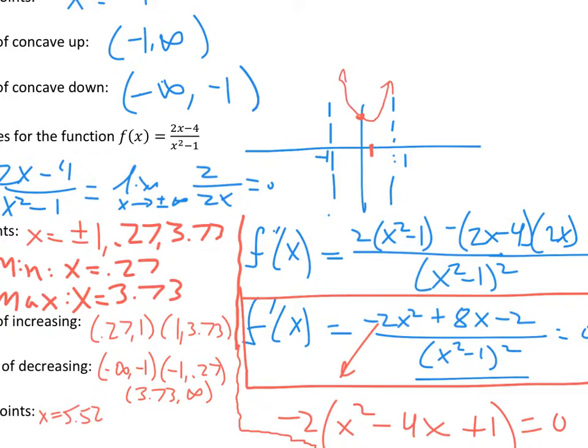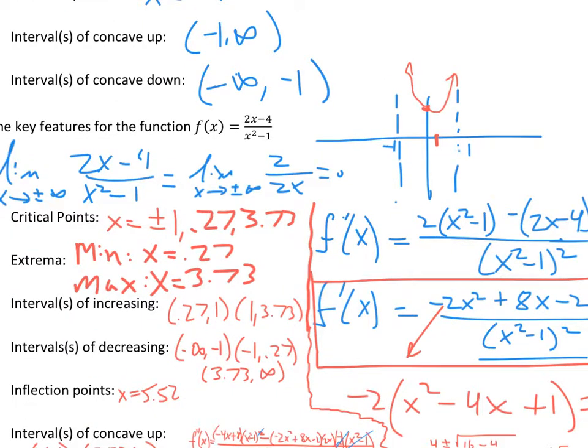And then we're going up from there, okay? And then we know, what else do we know here? We have a maximum at 3.73. We got an inflection point, okay? And we are increasing from 1 to 3.73. So we've got a maximum somewhere over here at 3.73.